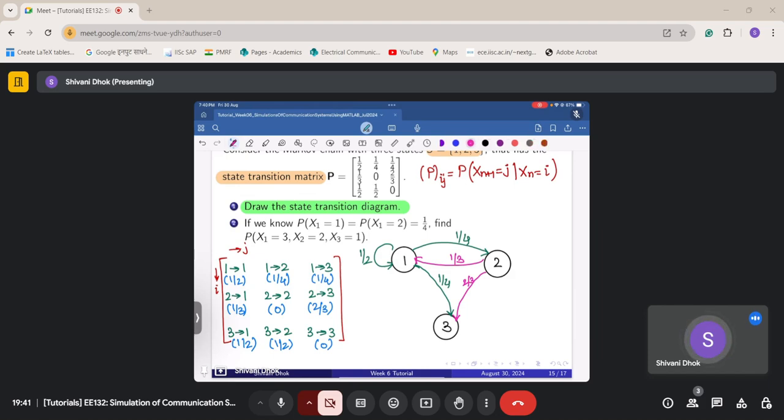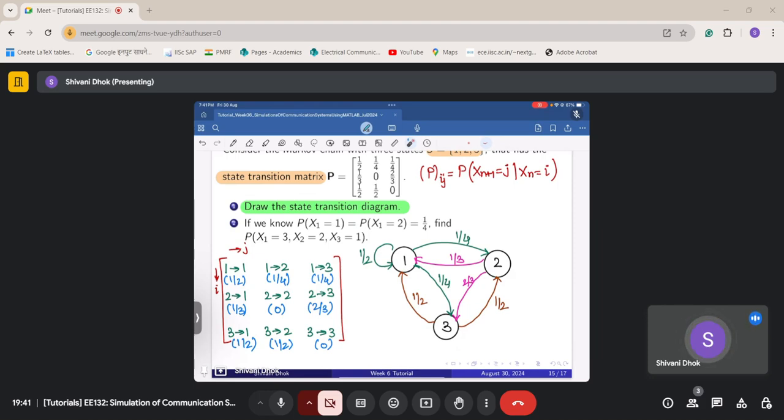And at the end, from state 3, you go to state 1 with probability half. Then from state 3, you go to state 2, again with probability half. And from state 3 to state 3, you remain at state 3 with probability 0.